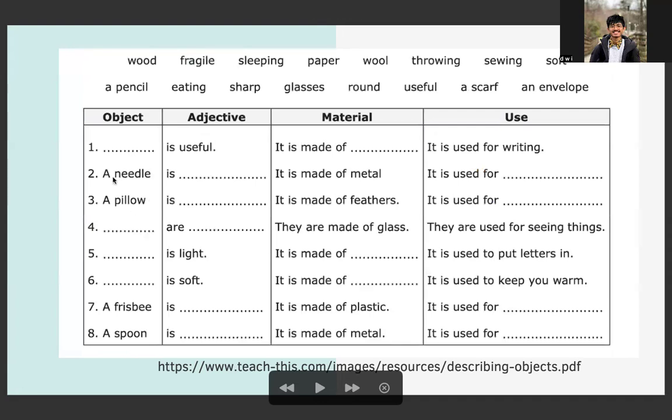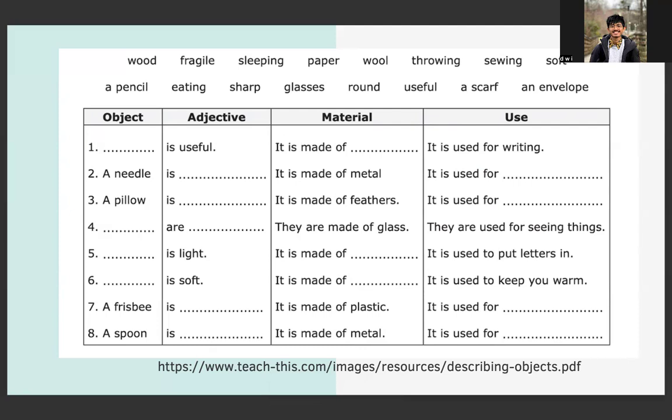Next, we have a table here, with object, adjective, material, and the use. Now here, for number one, the object is empty, but we have information about the adjective, the material is also empty, and the use, it is used for writing. Because it is used for writing, we can think of one of two things.